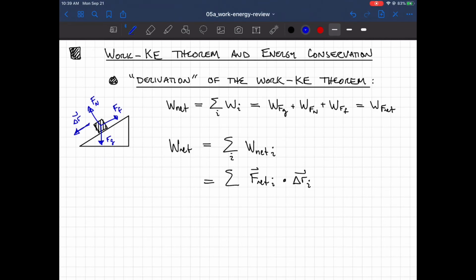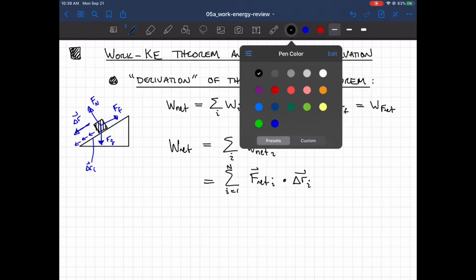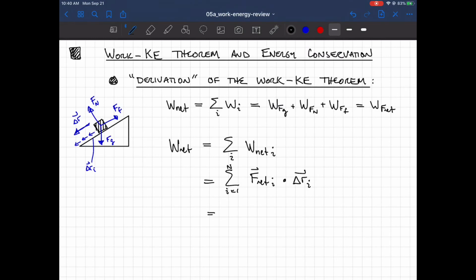So maybe these forces are changing and I have to separate it into little segments, little delta ri. And I break that up into capital N segments like that. The total is the sum of all those things.